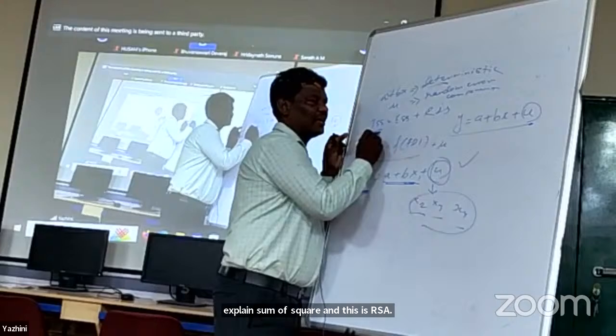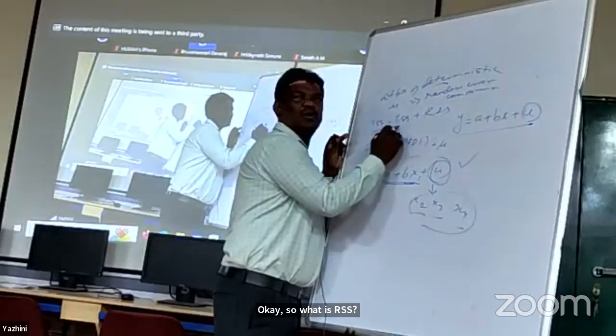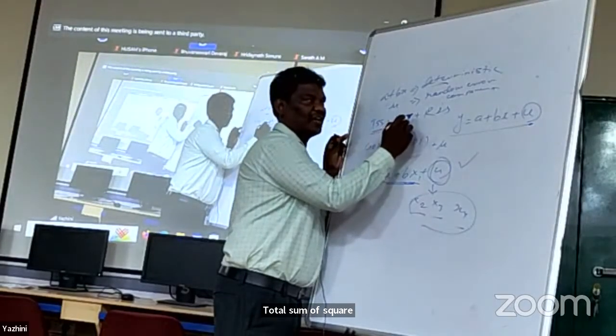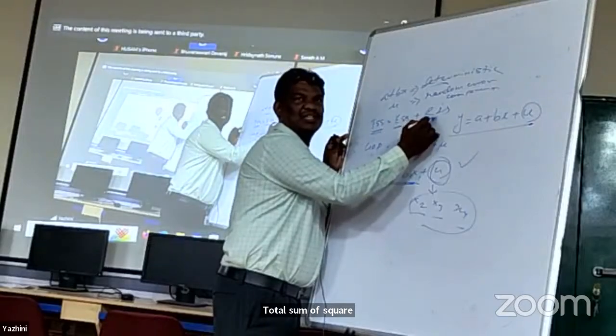Total sum of square is equal to explained sum of square plus the residual sum of square.